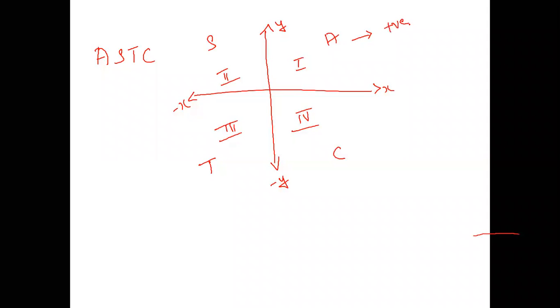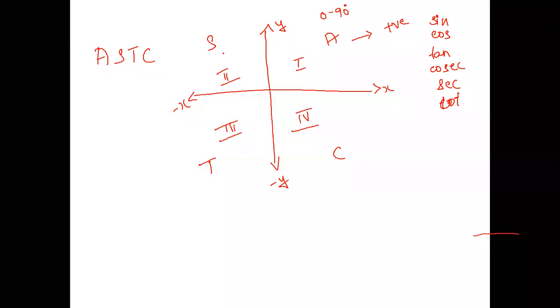What are the trigonometric functions? Sine, cos, tan, cosecant, secant, and cot. All these are positive, which means for angles between 0 and 90 degrees, if you take tan 45, cosecant 30, cosecant 65, anything, it will always be a positive value.